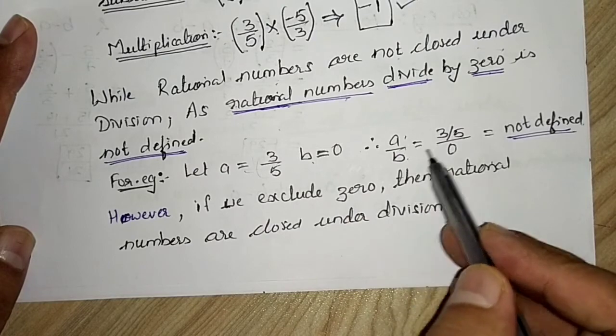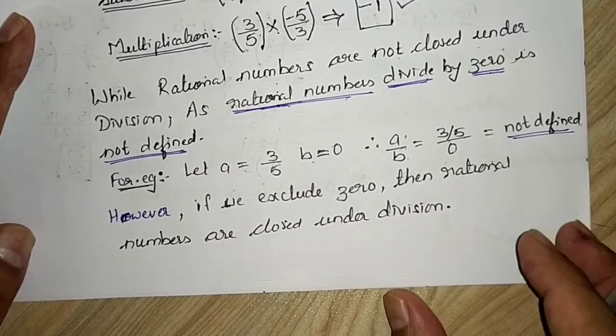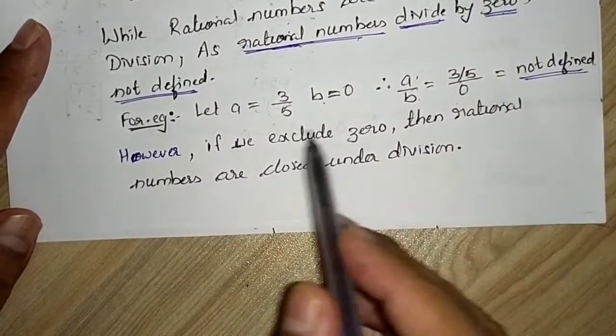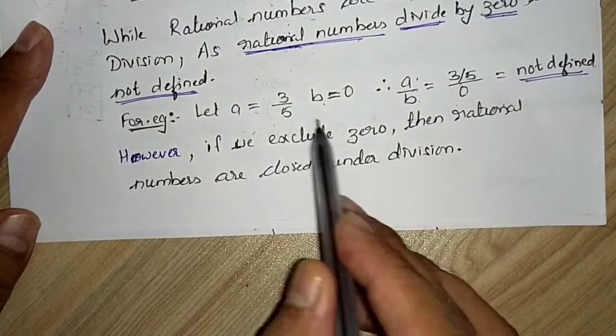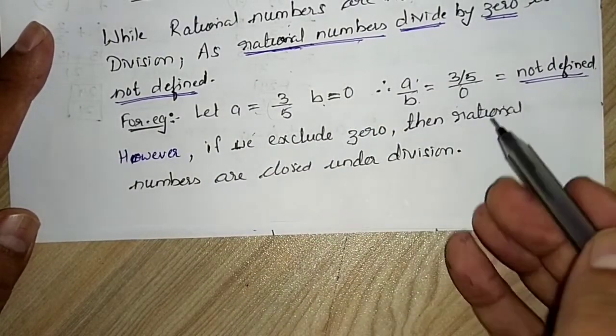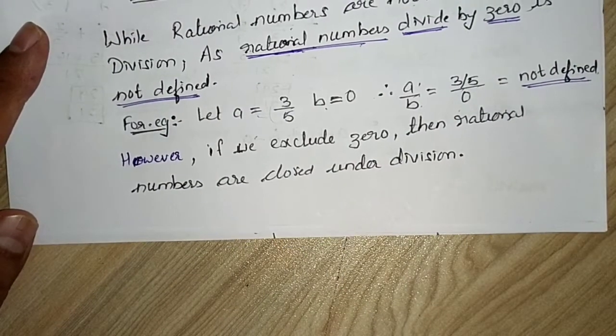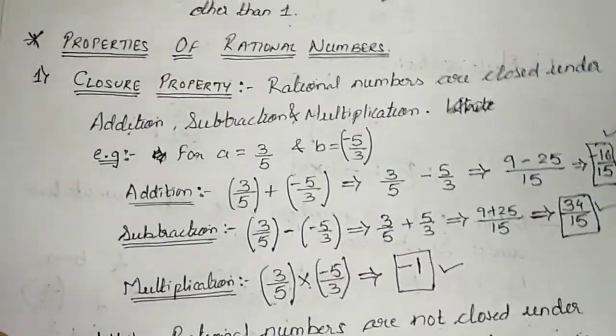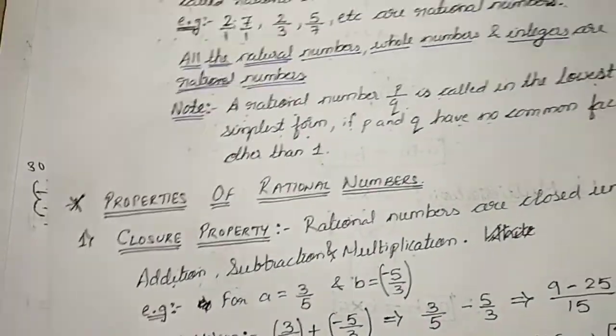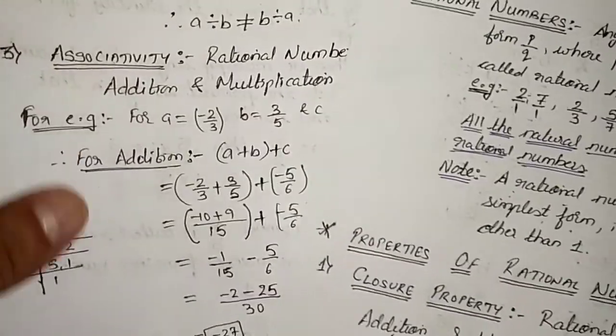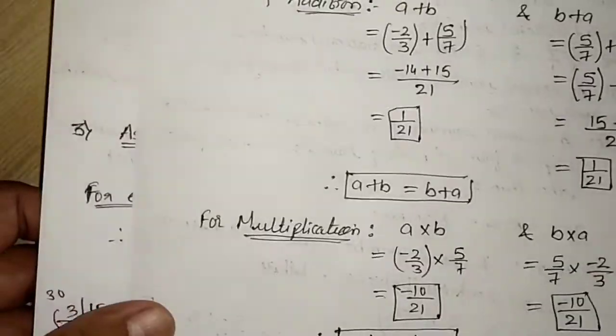Therefore, a divided by b is not defined. Well, if you exclude 0, if you remove 0, then we can say that rational numbers are closed under division. Hope you are understanding. Now let us move to the next property, that is commutativity.